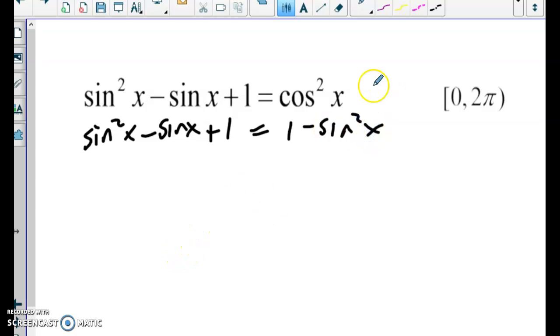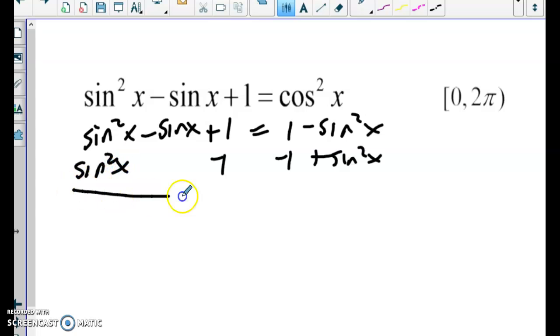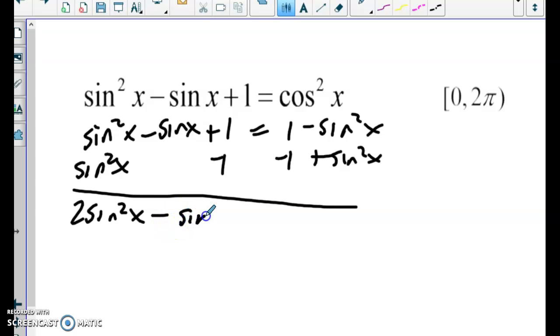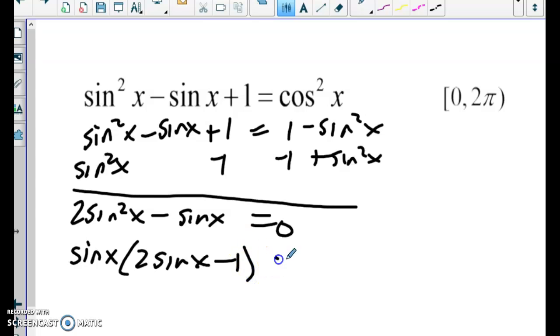Now, remember, we're not in section 1 anymore, so I can do this stuff. If I subtract 1 from both sides and add a sine squared to both sides, I get 2 sine squared x minus the sine of x equals 0. If I pull one of those sines out front, I'm left with 2 sine x minus 1.